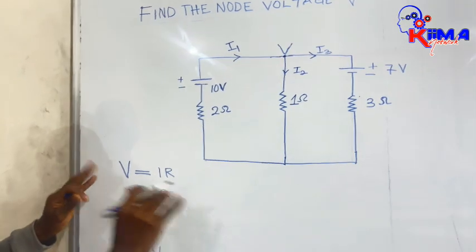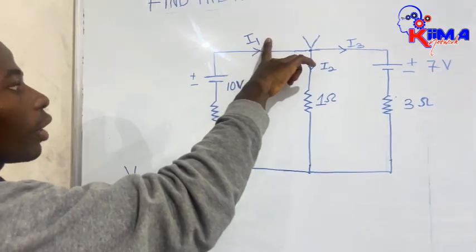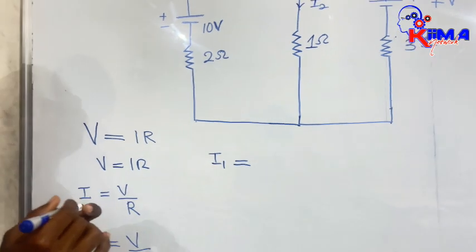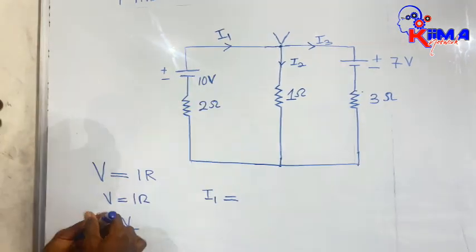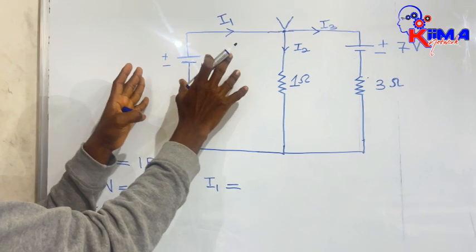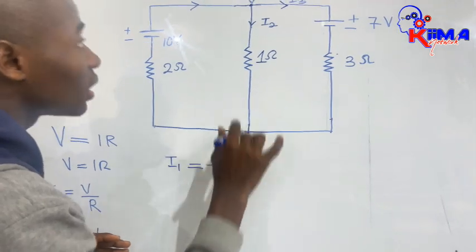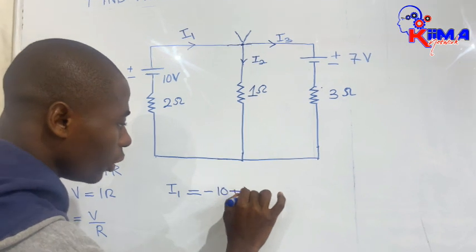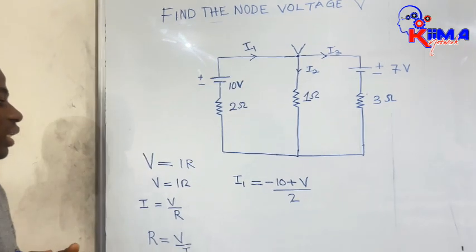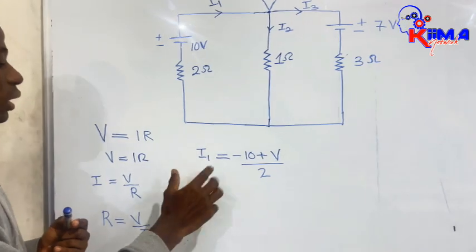To find the current I1, since the current is flowing from negative to positive in the given circuit, the value will be minus 10 plus the voltage at this point, V, all divided by the resistor R. The reason is that in our formula, voltage over R represents current.